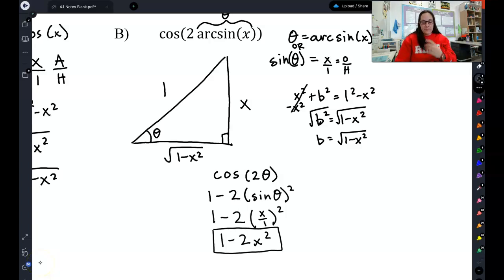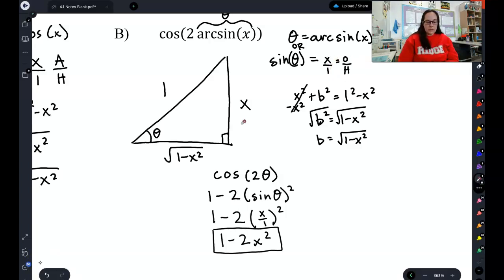So let's look at this one. I saw opposite over hypotenuse. So opposite over hypotenuse. Use Pythagorean theorem to finish out the triangle. Now I have cosine of 2 theta left, substituting that whole thing in for theta. And I chose to use the 1 minus 2 sine squared of theta double angle identity.